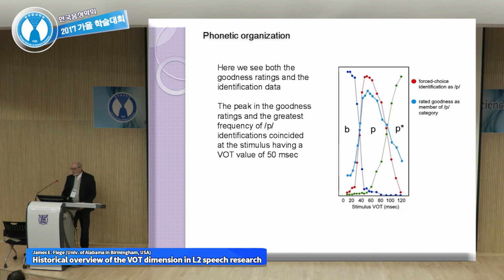Here we see both the goodness ratings and the identification data. The peak in the goodness ratings and the greatest frequency of P identifications coincided at the stimulus having a VOT value of 50 milliseconds.